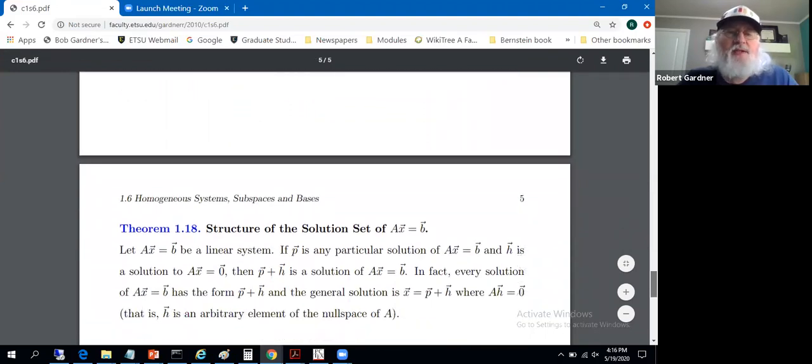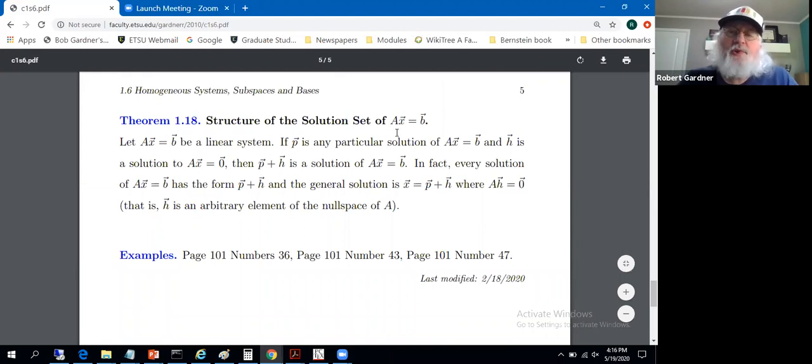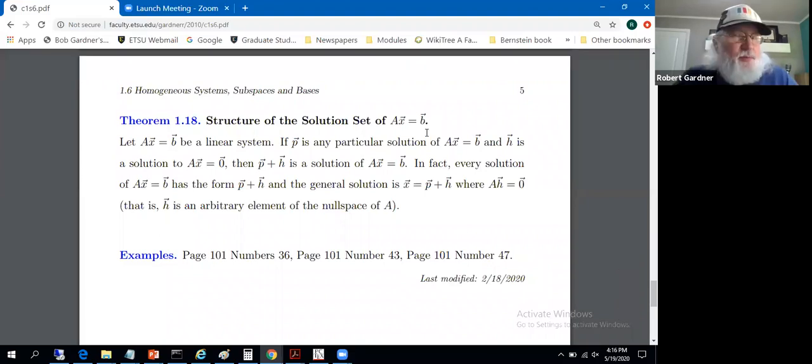Theorem 18 tells you what the structure of the solution set of the non-homogeneous system looks like. And you're going to see some stuff super similar to this when you do differential equations and you study homogeneous and non-homogeneous linear differential equations. Some of this matrix stuff, those types of differential equations could be couched in terms of this matrix stuff. So there's some overlap in differential equations and linear algebra right there.